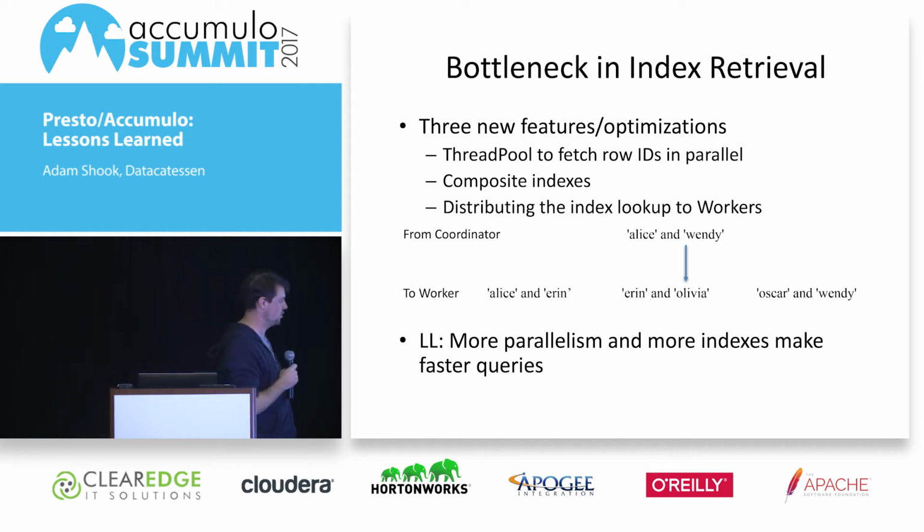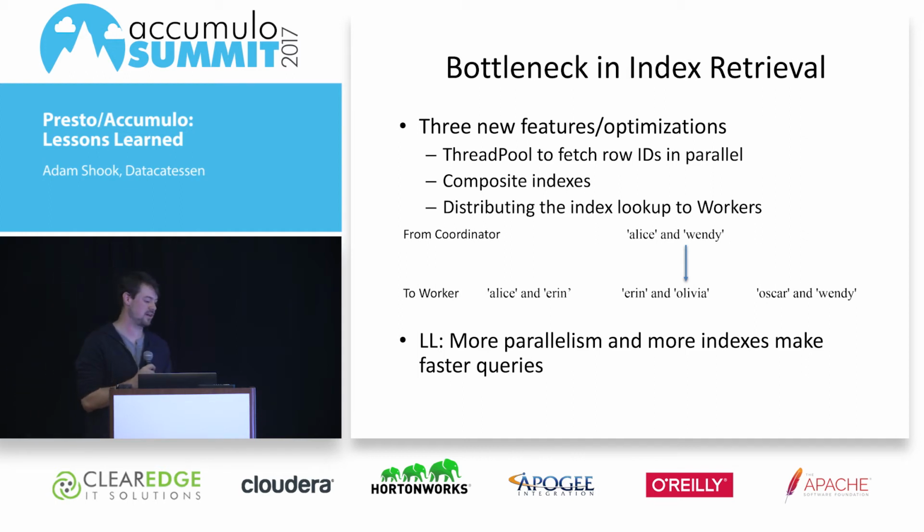So if you have a query from a range of Alice to Wendy, it'll convert that into 3 equidistant ranges of Alice to Aaron, Aaron to Olivia, and Olivia to Wendy. Each one of those ranges gets sent to a worker, and the worker is then responsible for scanning that range out of the index table. Then it uses those row IDs right back and scans. So we added more parallelism here.